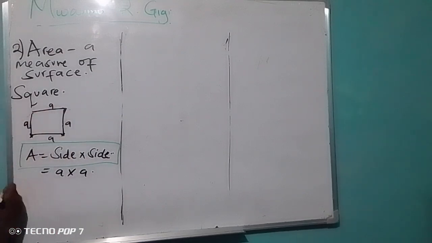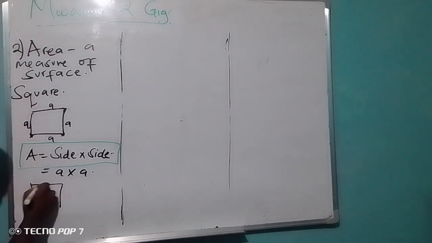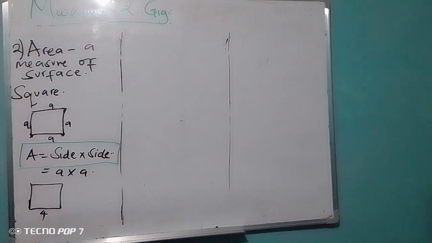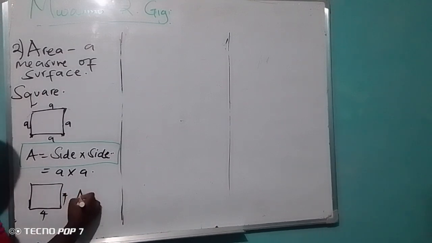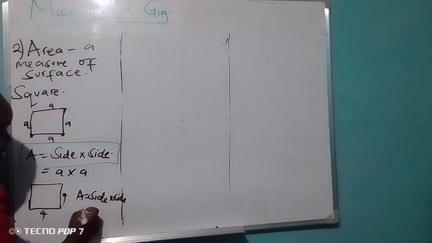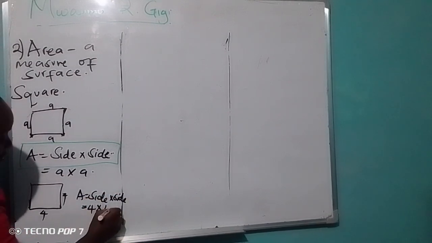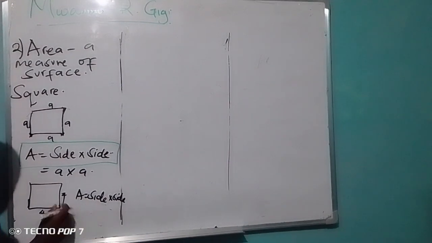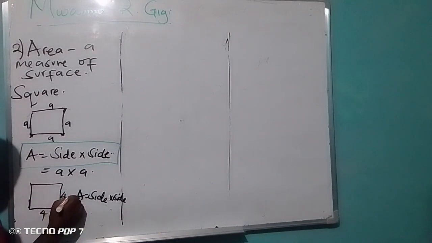So, for instance, we have a side of 4. Sindio? Kumaanisha hapa ni 4. So when you say area is equals to side times side, which itakuwa 4 times 4. Hapa ndio penye kuna shida. So it's 4 meters.